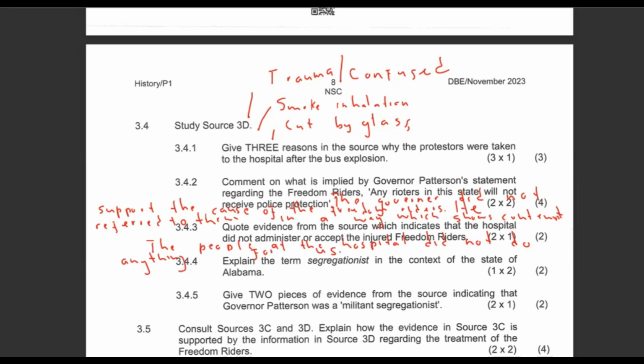Explain the term segregationist in the context of the state of Alabama. Okay, it means separation between people of different races.